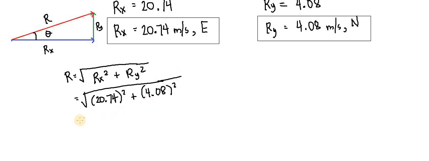Okay, you can also have your units sa solution paper. Dito wala muna ng unit para mas maayos siya masulat natin. Okay, the square root of 20.74 squared plus 4.08 squared. That's 21.14.